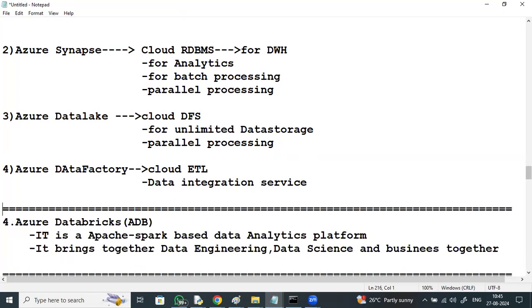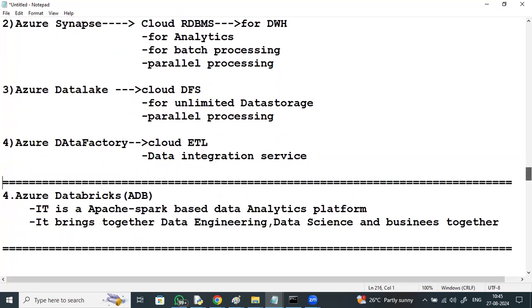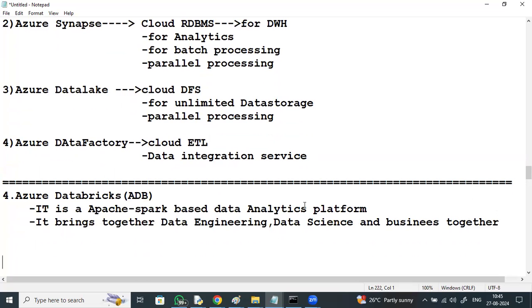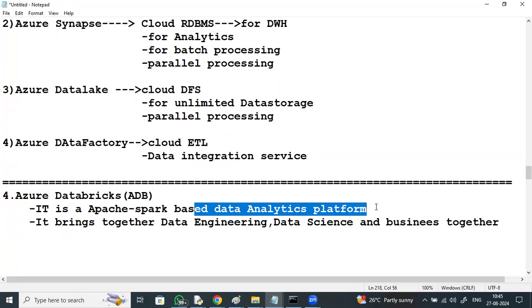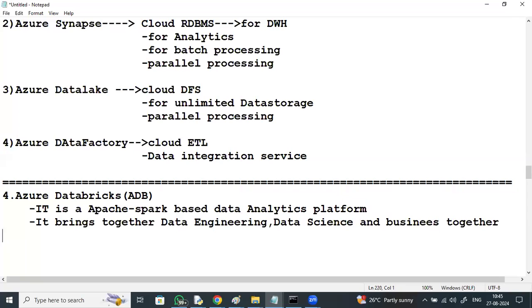Azure Databricks. It is an Apache Spark based data analytics platform. What is a Databricks?